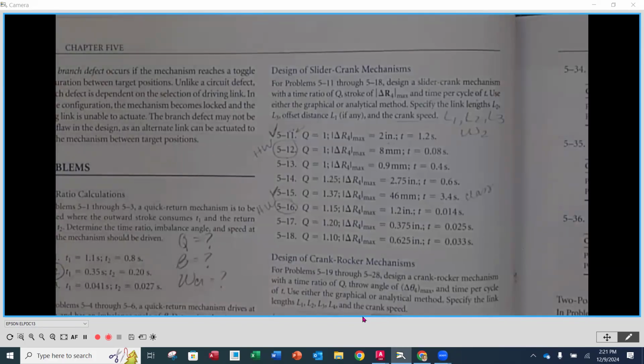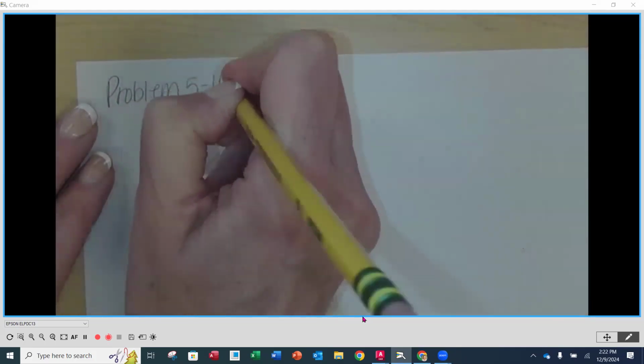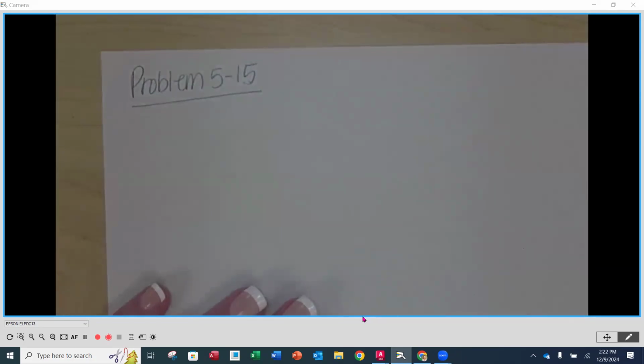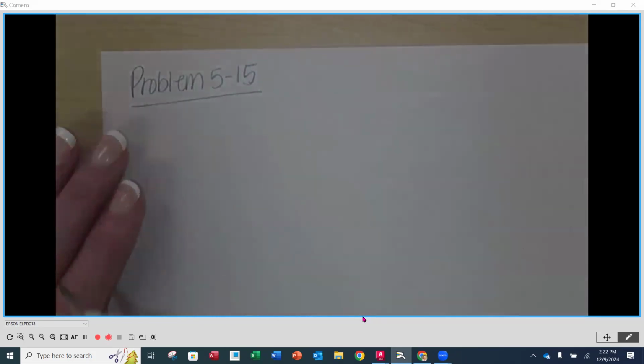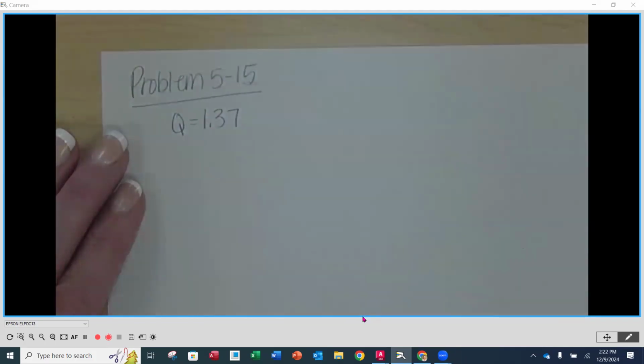So I'm going to grab a piece of paper here, and we're going to start our new example. This is problem 515, and again, this is your second practice problem for this section. We're given a Q equal to 1.37.